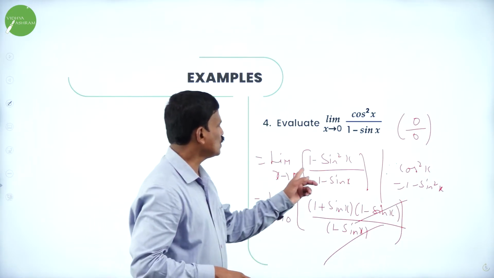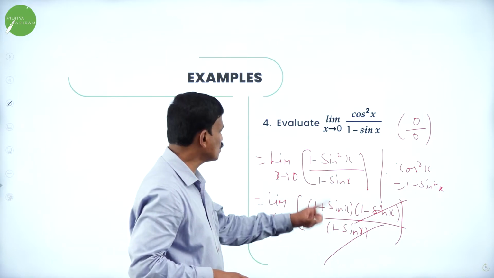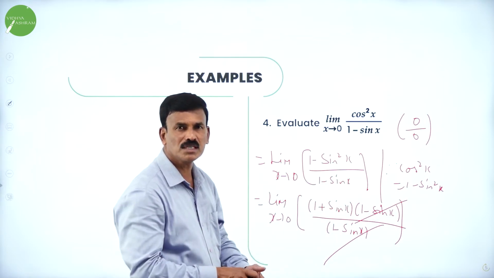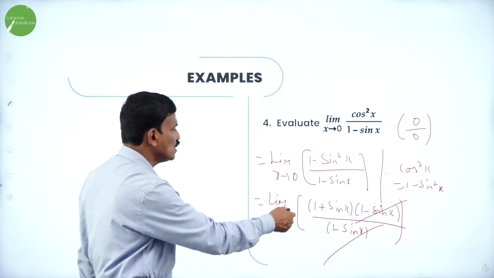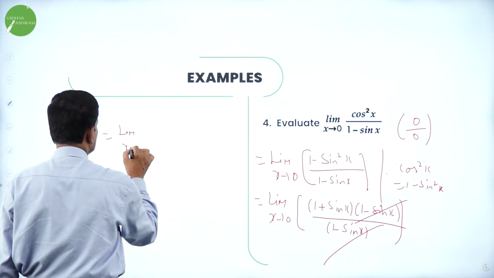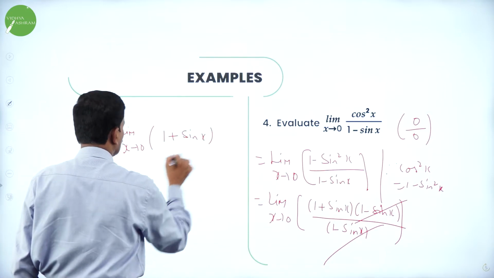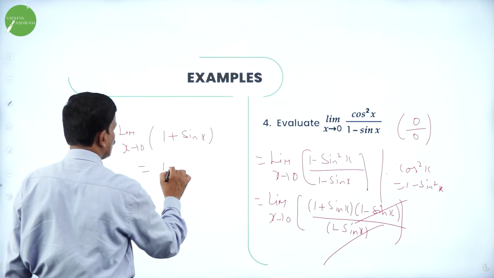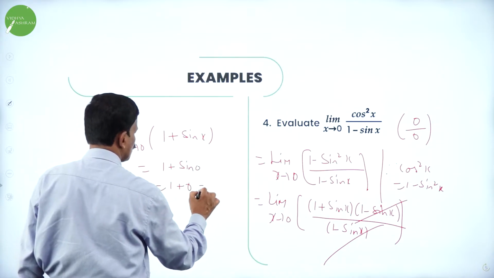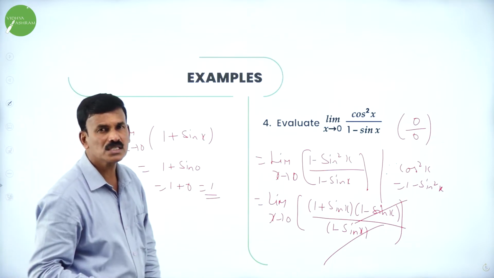See here, 1 minus sin square x is nothing but 1 plus sin x into 1 minus sin x. 1 into 1 is 1, plus into minus is minus, sin into sin is sin square. A square minus b square is a plus b into a minus b. 1 minus sin x gets cancelled. What is left is limit x tends to 0 of 1 plus sin x. Now just put x is equal to 0, 1 plus sin 0. So sin 0 is 0, 1 plus 0 is equal to 1. The simplified answer for this is 1, which is the required answer.